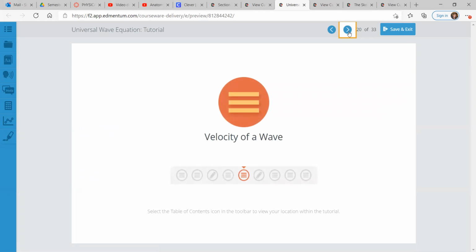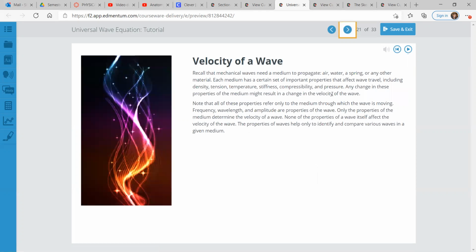Now we're going to look at the velocity of a wave. Recall that mechanical waves need a medium to propagate: air, water, a spring, or any other material.